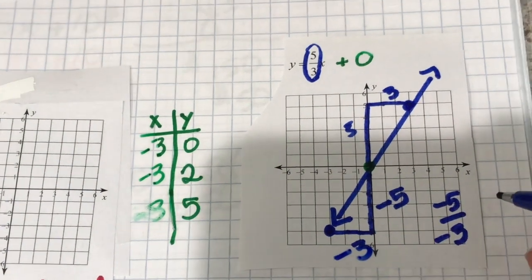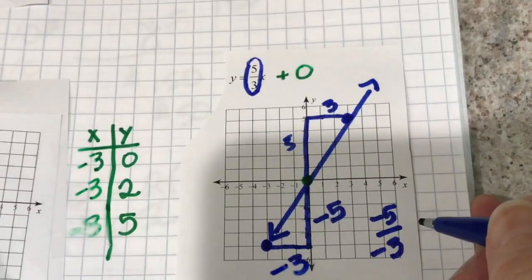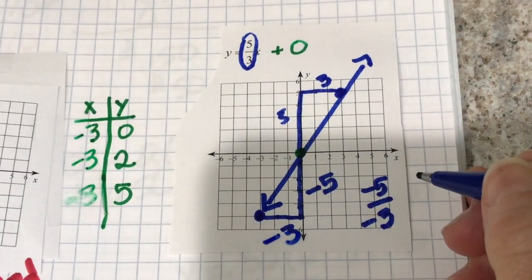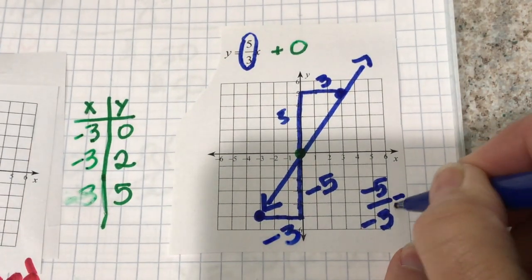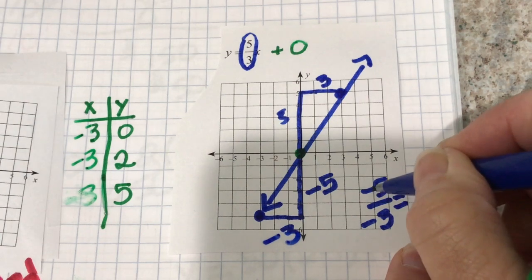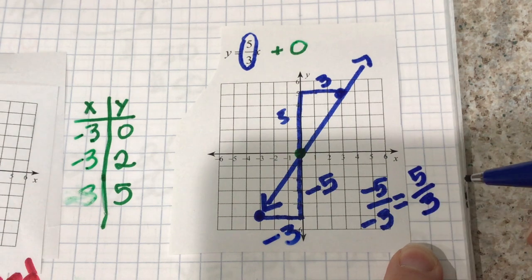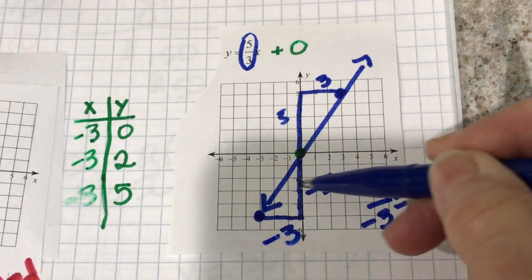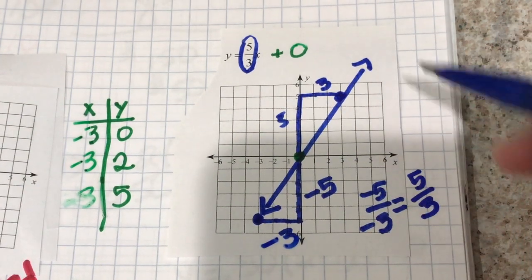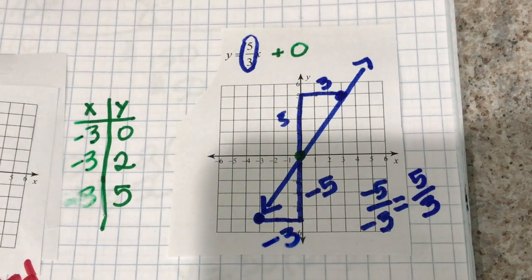Well, if you remember from our integers unit, a negative divided by a negative gives us a positive. Negative 5 divided by negative 3 gives us a positive 5/3. And indeed, our line has a positive slope.